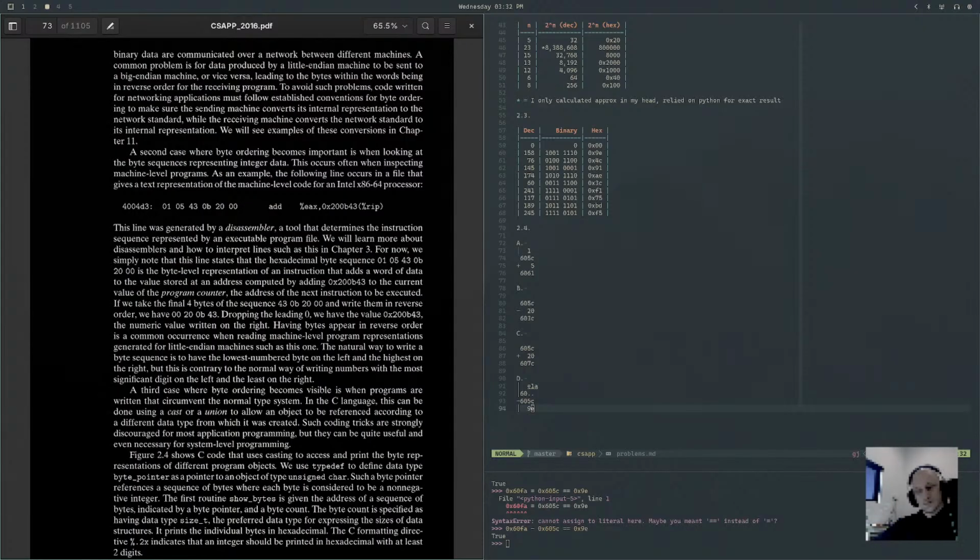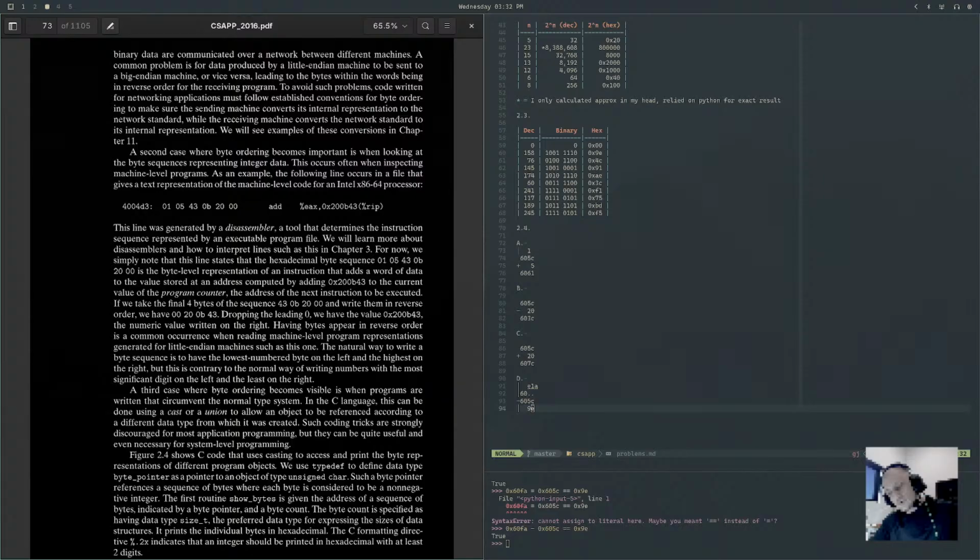Okay. So now we're talking about, at times, however, byte ordering became an issue. The first is when binary data are communicated over a network between different machines. A common problem is for data produced by little endian machines to be sent to a big endian machine or vice versa, leading to bytes within the words being in reverse order.